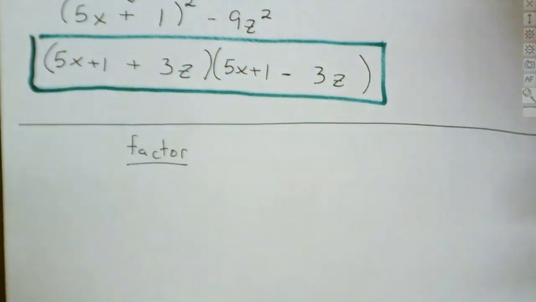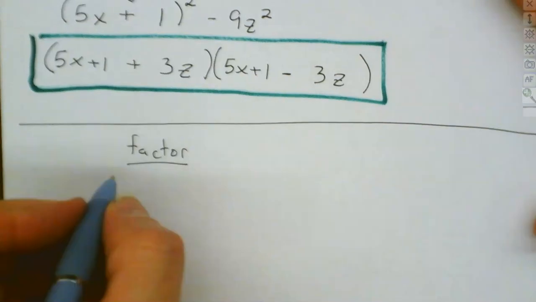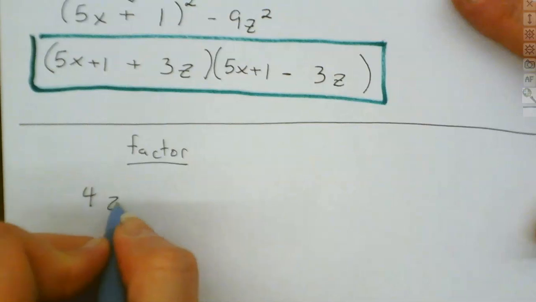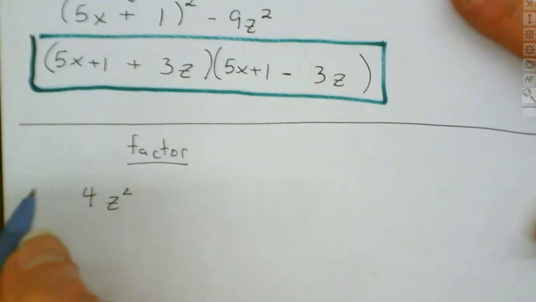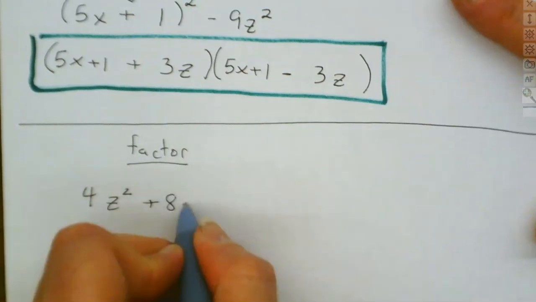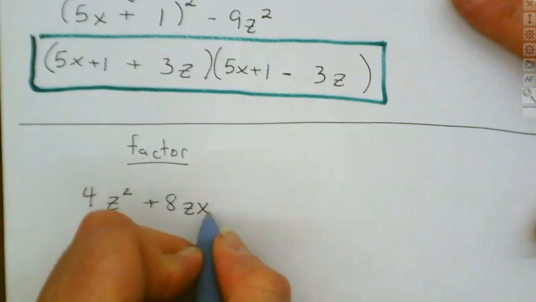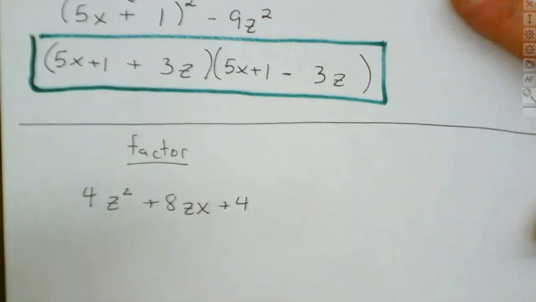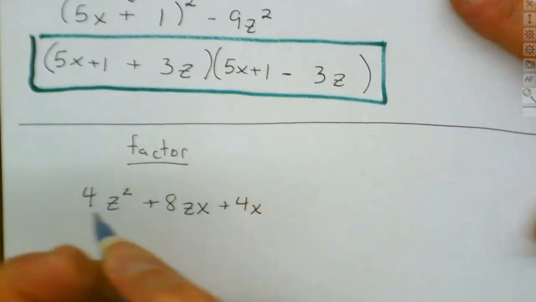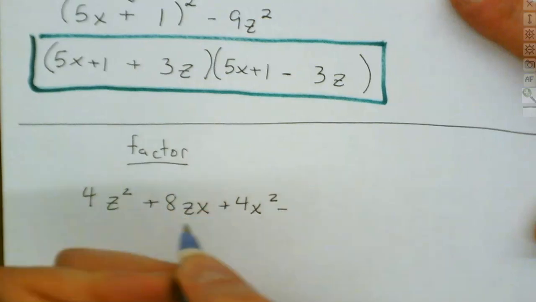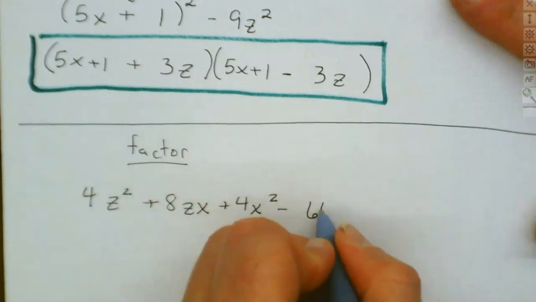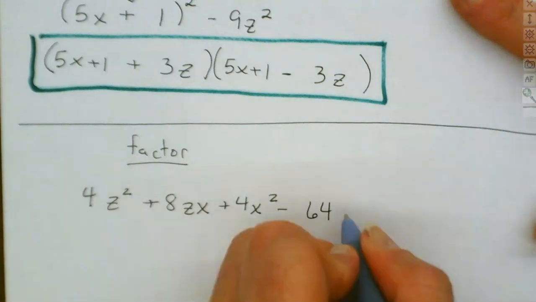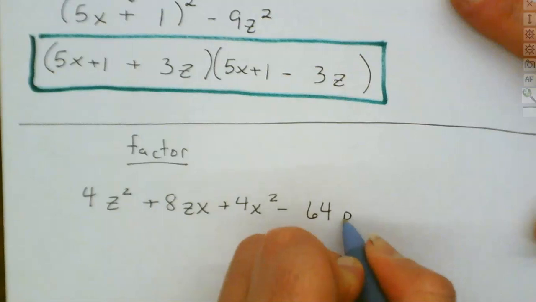So let's try to factor out something like this. How about 4z squared plus 8zx plus 4x squared minus 64p squared?